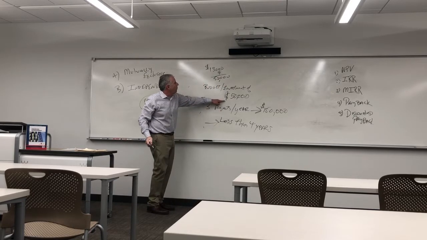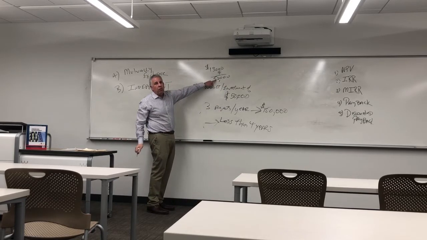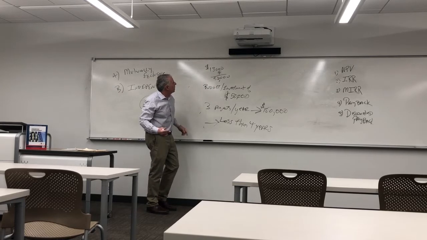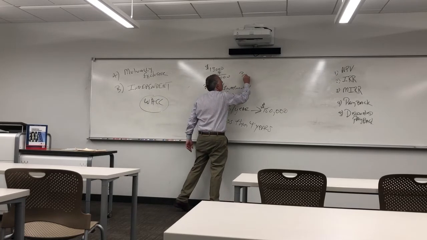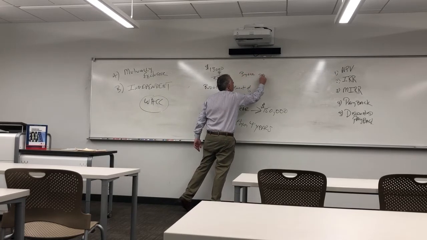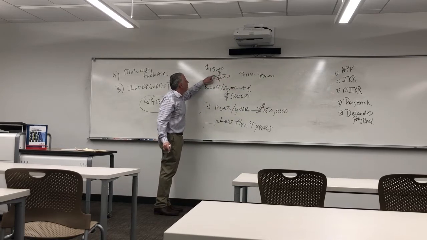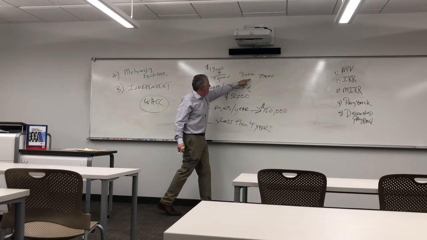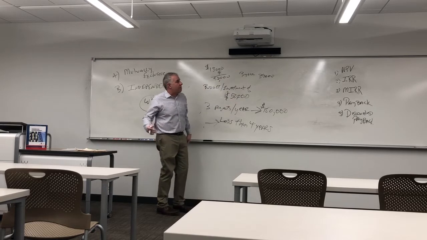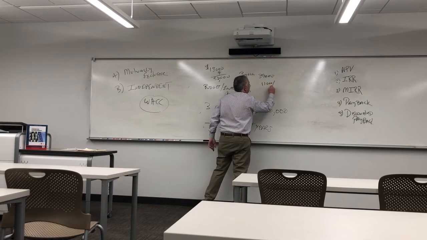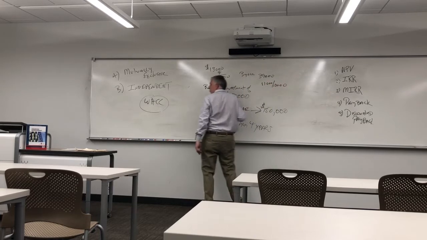So if they invested 50 grand and they get 52 grand back within 4 years, they're going to actually get it back in a little less than 4 years. How many years? Well, after 3 years, they get 39,000. 3 years of 13,000, and in the 4th year, they only need 11,000 more to get paid back. So they need 3 years plus 11,000 over 13,000.